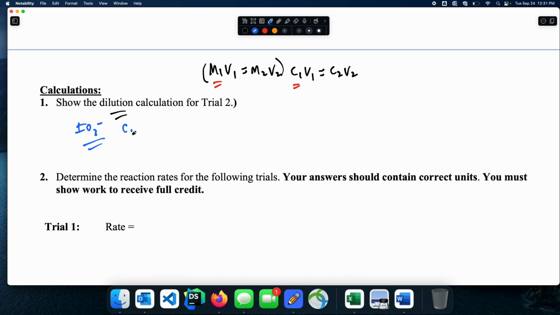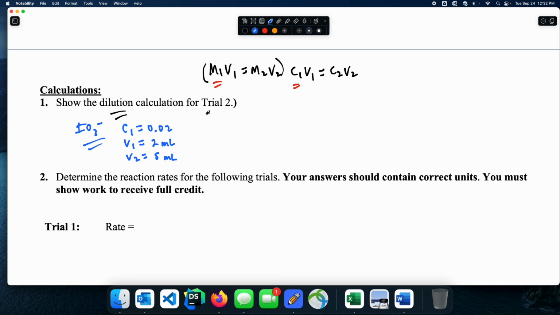My initial concentration was, I read the label, 0.02 molar. My initial volume for trial 2, I used 2 mils of it. My final volume, I took it up to 5 mils. Okay.